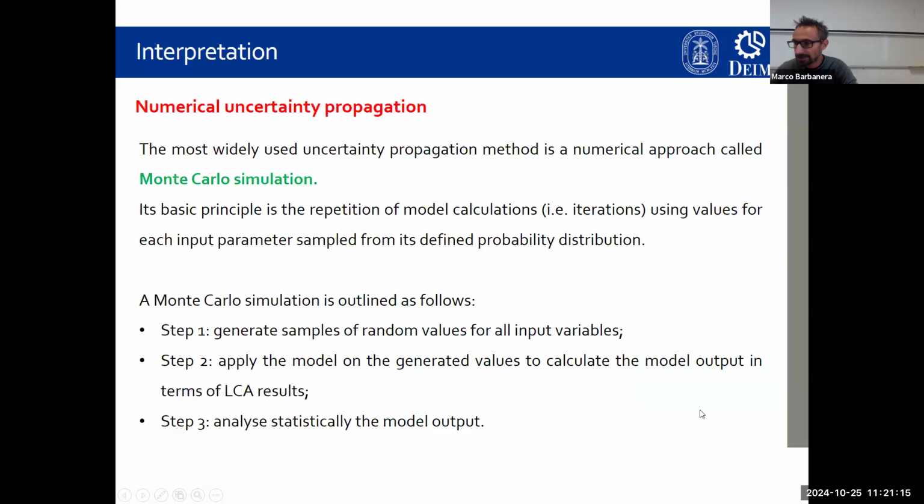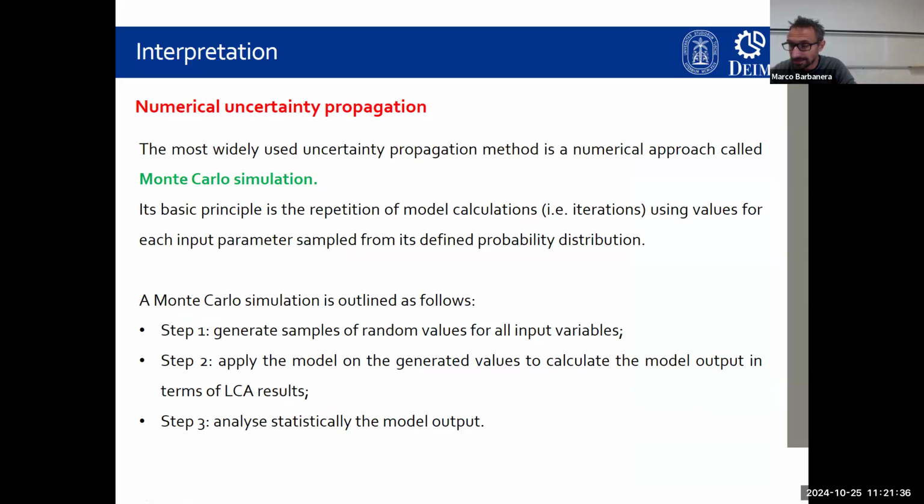In this range, the software defines a random value for each parameter, and then calculates the environmental results by using these random values.